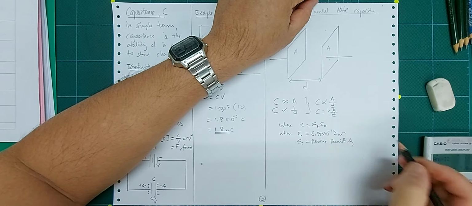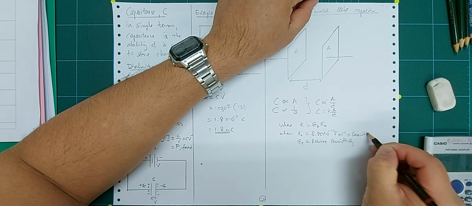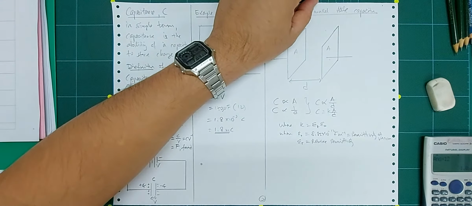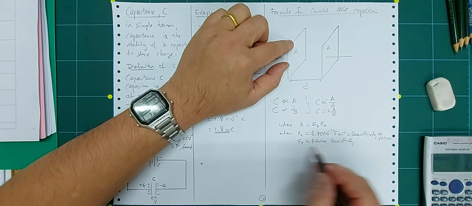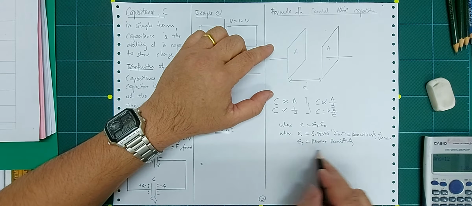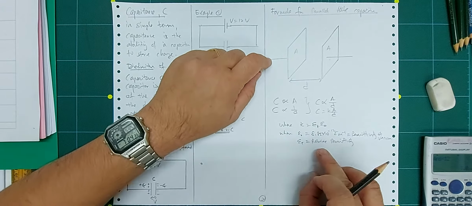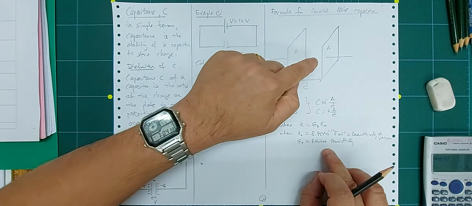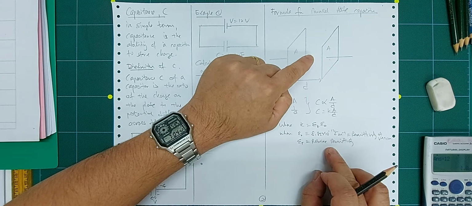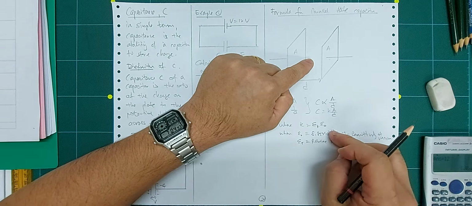This one is the permittivity of vacuum, and this one is relative permittivity, meaning it is a number that shows how good the material or the insulator used is in conveying the energy of electric field relative to vacuum.